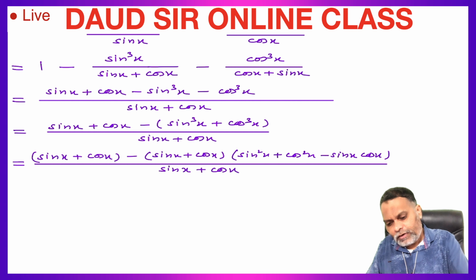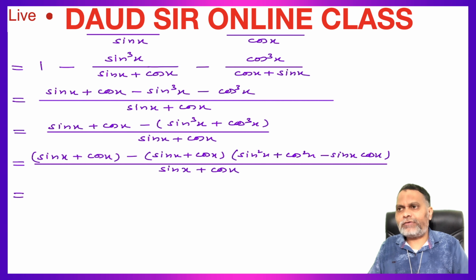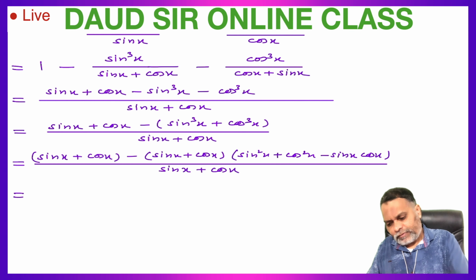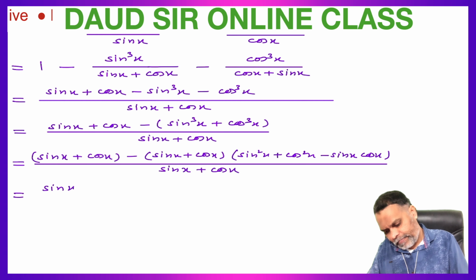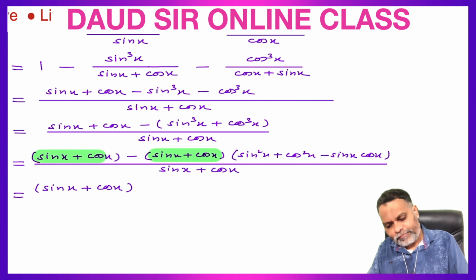Now here we can take this bracket common, and this sin square x plus cos square x we can write as 1. So this sin x plus cos x is common from here and here.